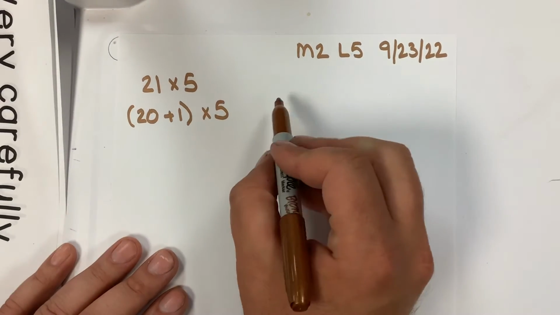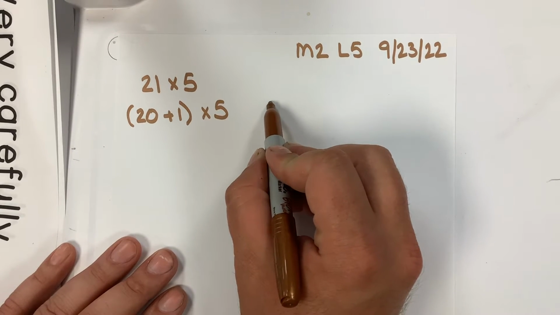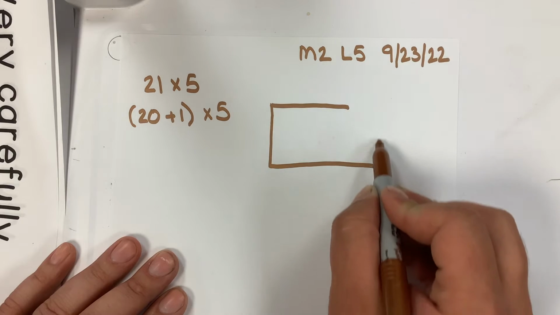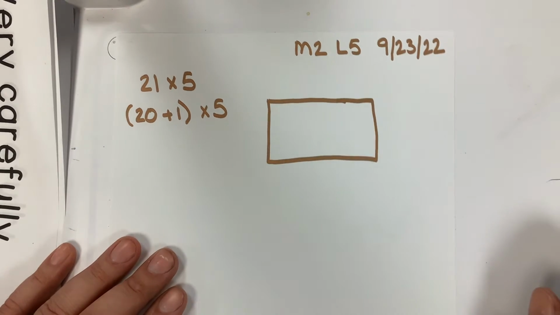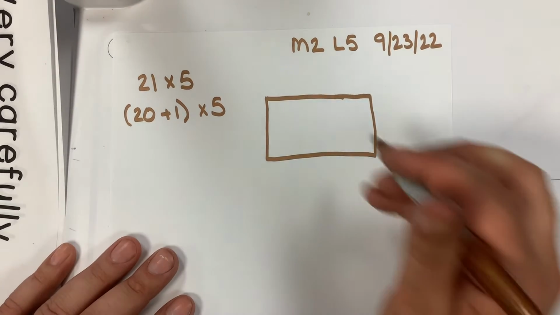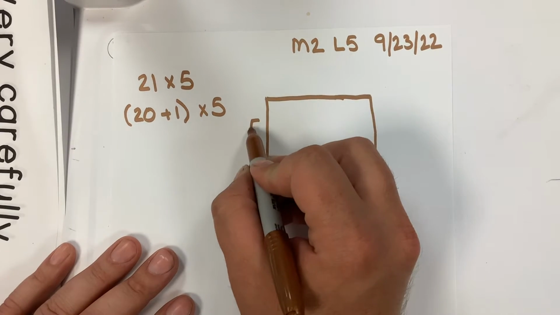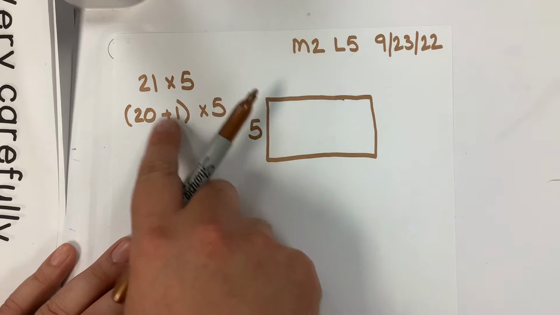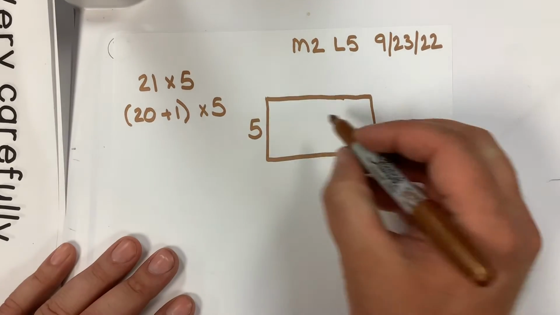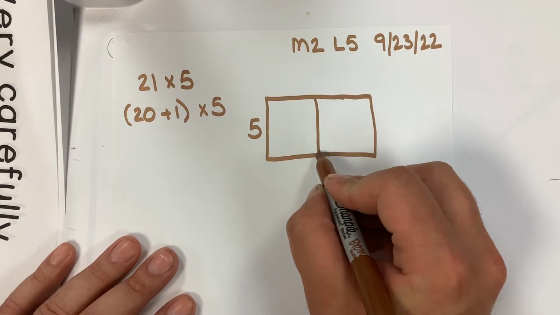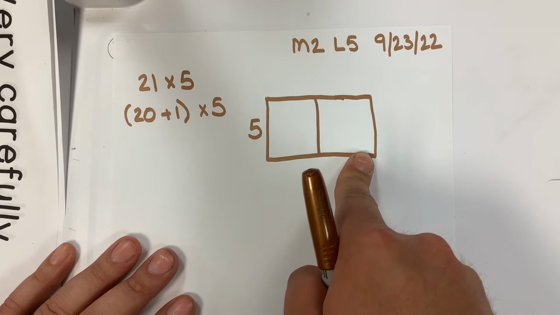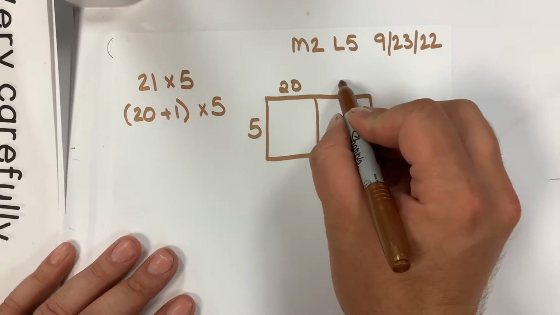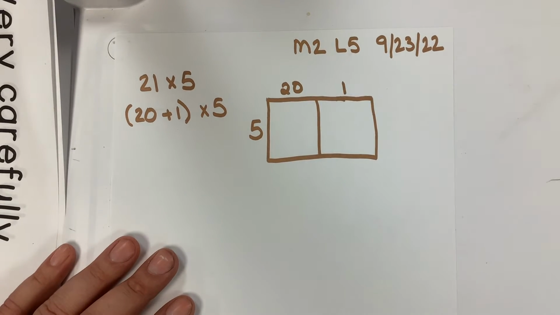So looking at this, I'm going to draw me a box to be ready for my partial products. I'm going to put my 5 off to the side. And then since I have 2 place values, I'm going to split it in half, 1 place value, 2 place values. 20 is going above one, and 1 is going above the other.